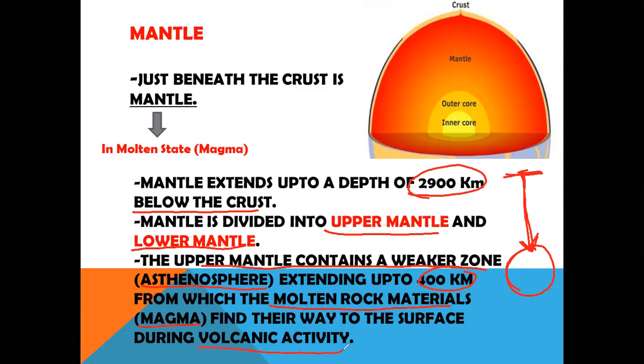So in short, mantle is a semi-solid layer present beneath the crust which consists of magma. Mantle is present in molten state and consists of magma that finds its way out during volcanic activity in the form of lava.